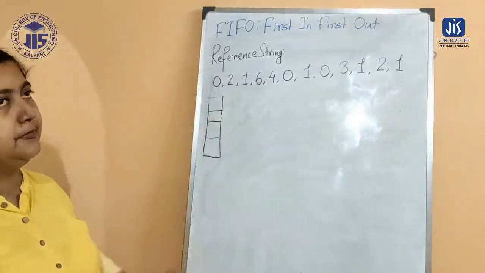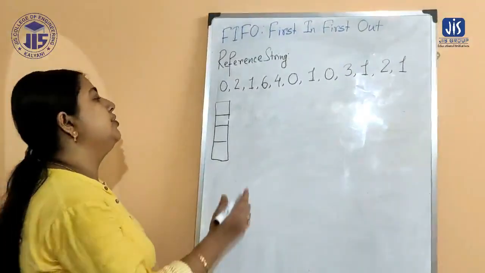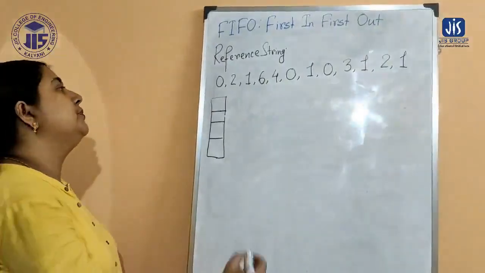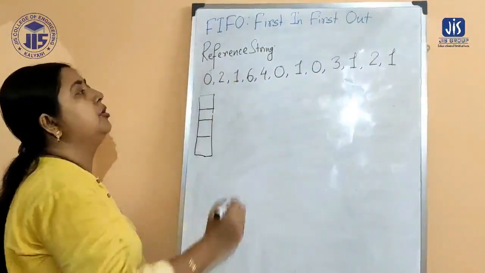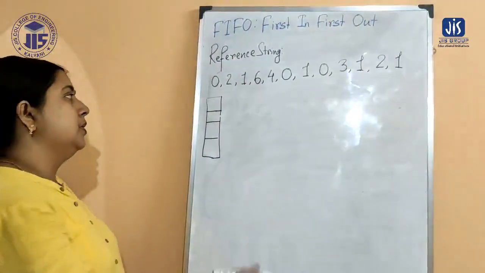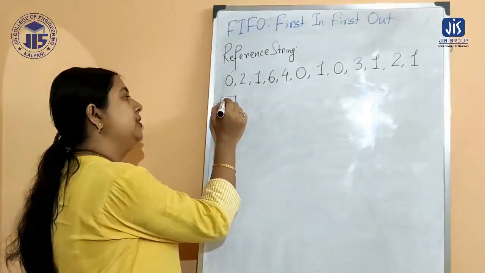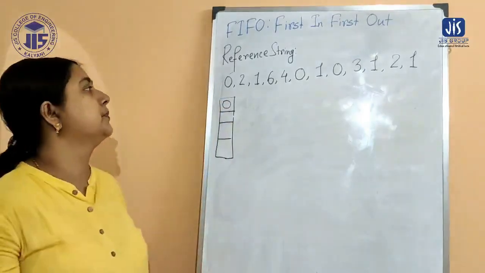Initially all these 4 frames are empty. Firstly we have a call for 0. This 0 reference is not loaded in the memory, so it is going to be loaded.